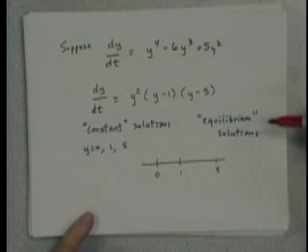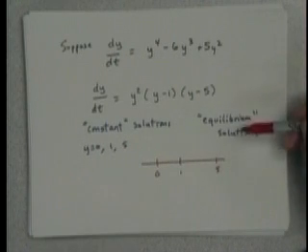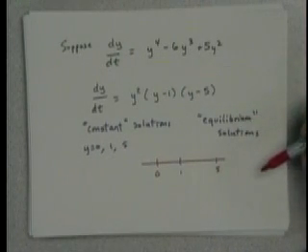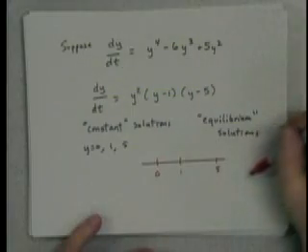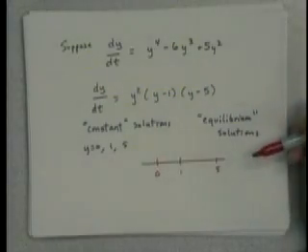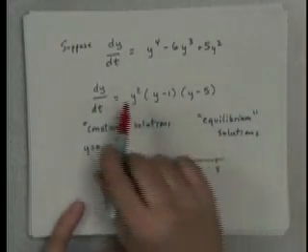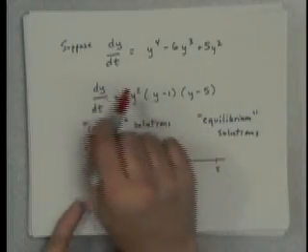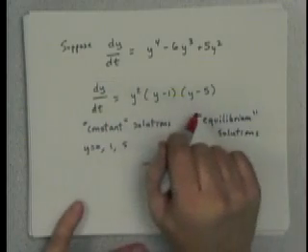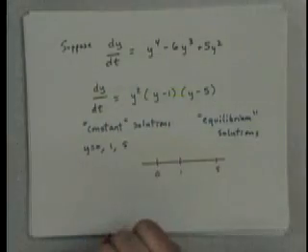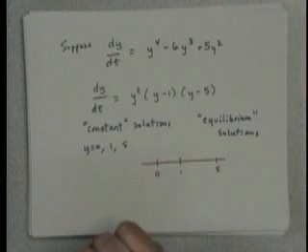When we were finding critical points before, we would take the derivative. We'd have y as a function of x. We'd take the derivative, solve it for x, and then we'd have a number line like this in terms of x or t. But in this case, this is my function that's over here, not the time. Okay, a little bit different.